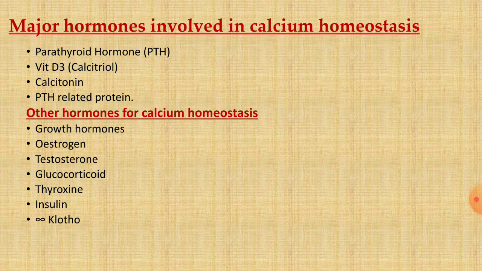This is very crucial, this is very essential, because you all know that calcium plays a number of metabolic as well as neuronal activities in our system that are very crucial for our existence.